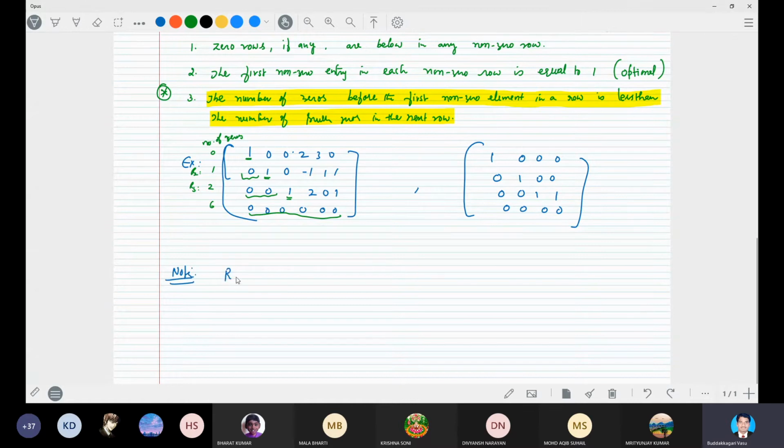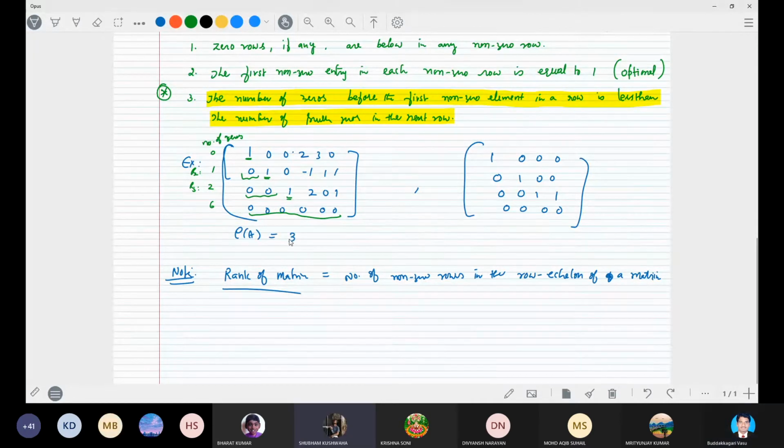That means the rank of a matrix is equal to the number of non-zero rows in the row echelon form of the matrix. So what is the rank of this matrix? 3.